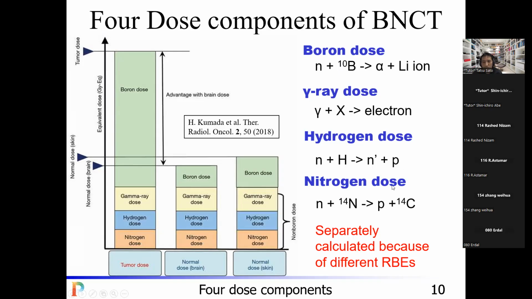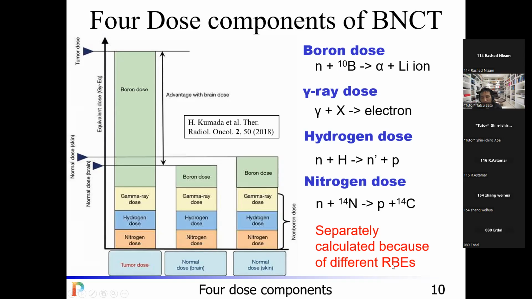And the nitrogen dose is, as I explained before, nitrogen-14 capturing neutrons, and the protons and the carbon-14s are created with these reactions. And the reason why we distinguish these four dose components is their different RBE between the doses. So RBE, I think most of you know.